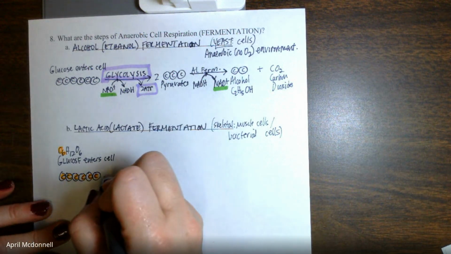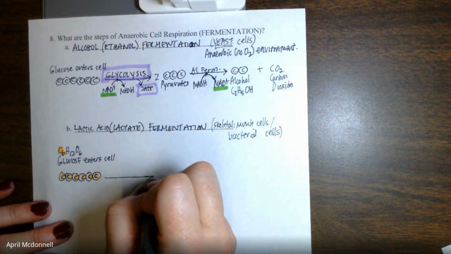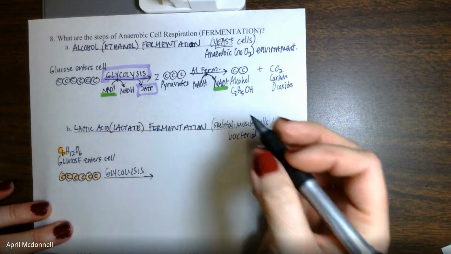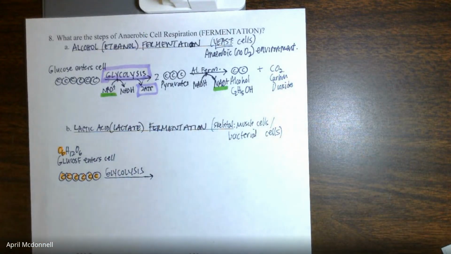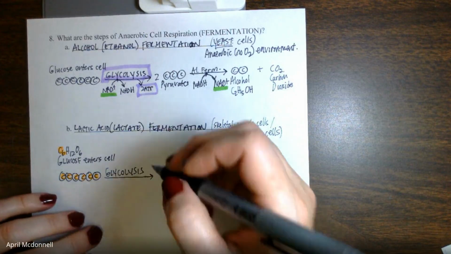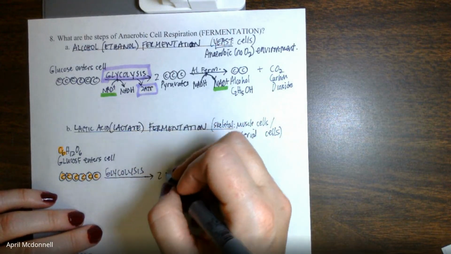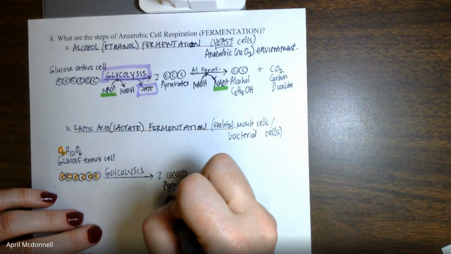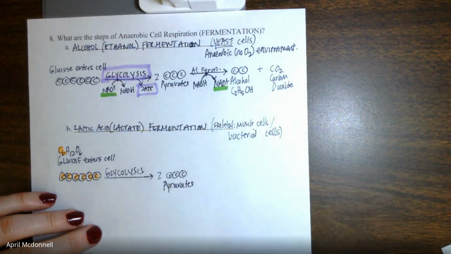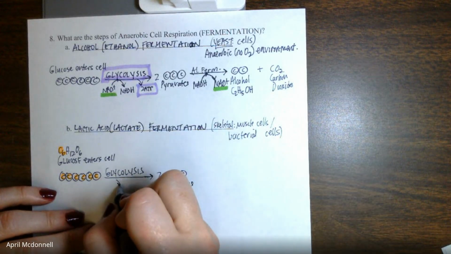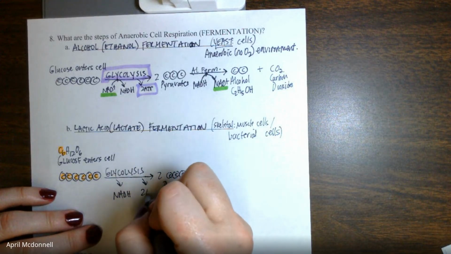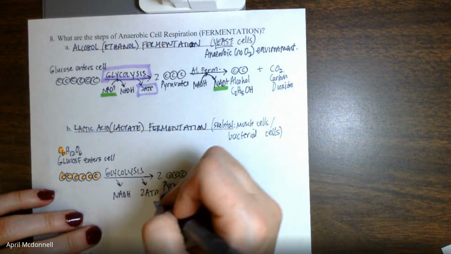Again, glycolysis will occur. NADH and ATP will also be produced.